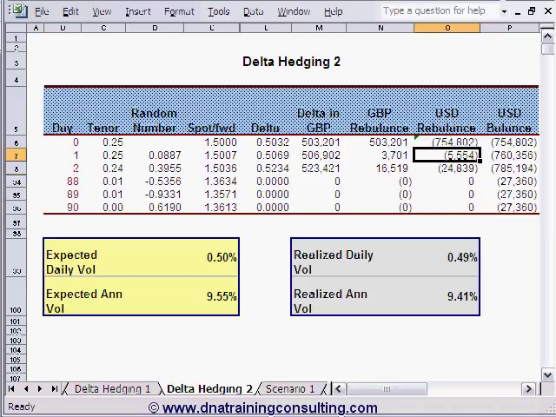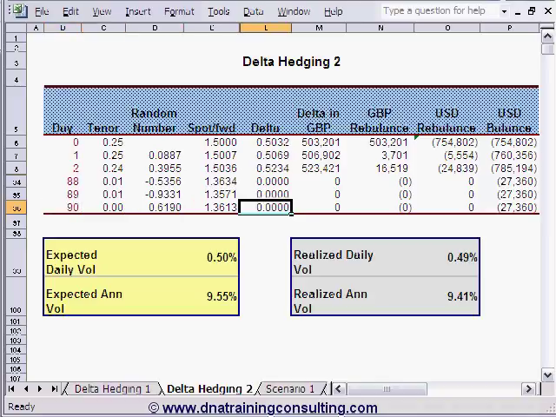This process continues until the expiration date of the option in the last row. And we know that on that day the option will expire either in the money or out of the money.